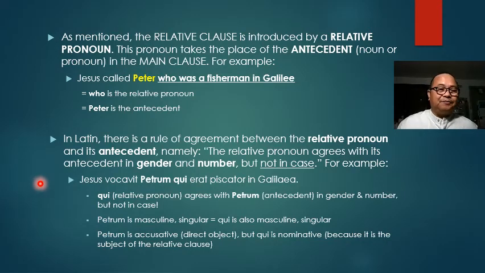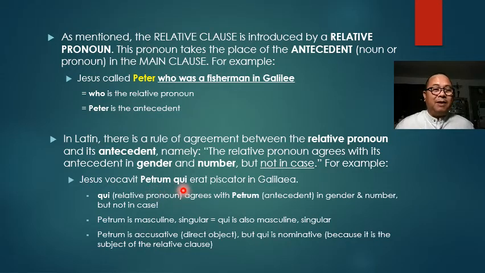In Latin, it will be: Jesus vocavit Petrum, qui erat piscator in Galilea. So, Petrum is the antecedent. And we have said that this is the direct object, so it is accusative case, and it is masculine singular.